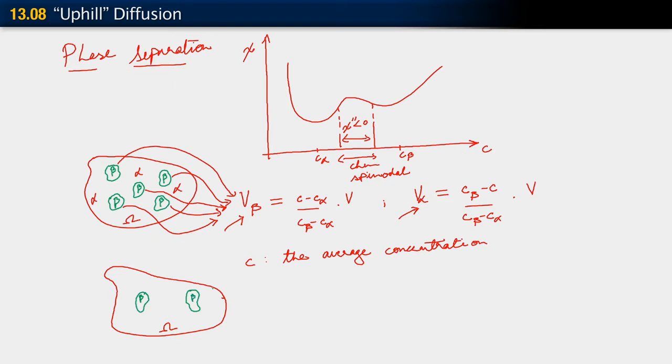Where the rest of it is alpha. Do we have these two particles together giving us the same volume V beta as we have above? Okay, which of them is right?